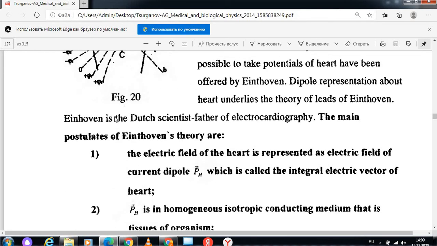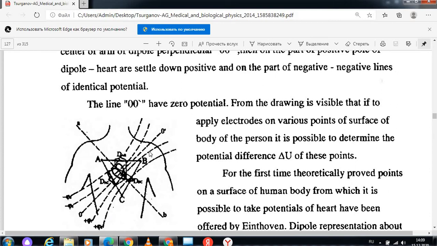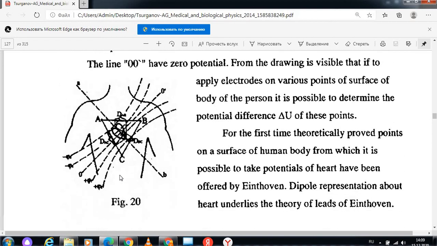Yes, we have this dipole heart in the center, generating our electrical potentials of the heart inside this triangle.